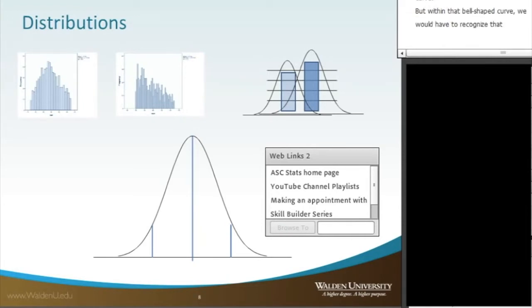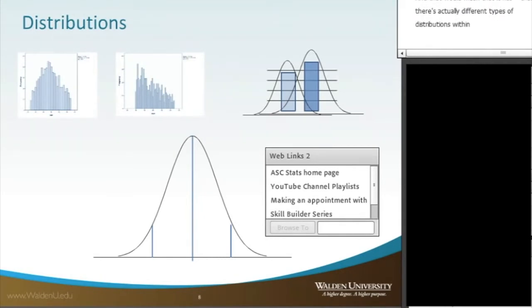If we drew those out, we may end up with two separate curves superimposed on one another. When you're looking at your data, sometimes that bell-shaped curve looks kind of funny. It may have more than one hump to it, and that would mean there are actually different types of distributions within that curve.